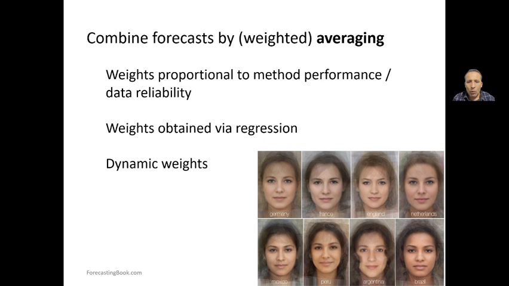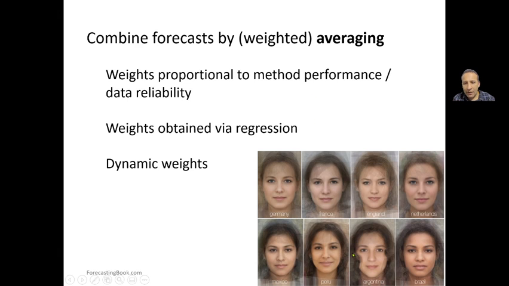Yes, we can also have dynamic weights and try to calculate the correct weights in order to combine our forecasts. I think that method is actually very powerful, and there are many topics and research in terms of combining forecasts in better ways.